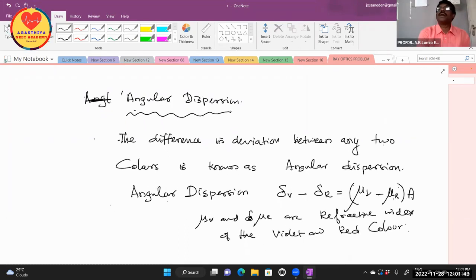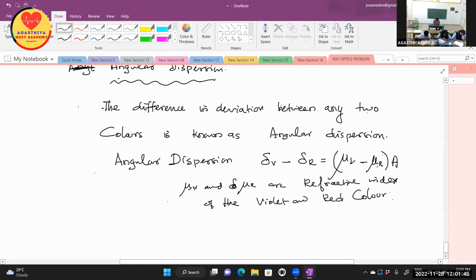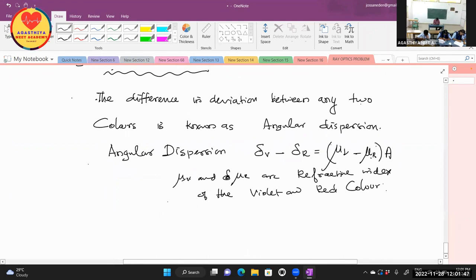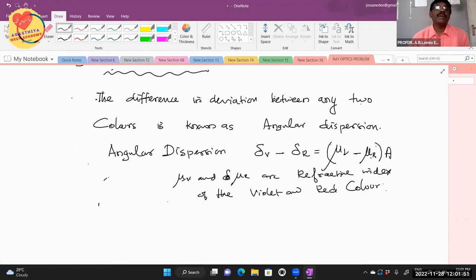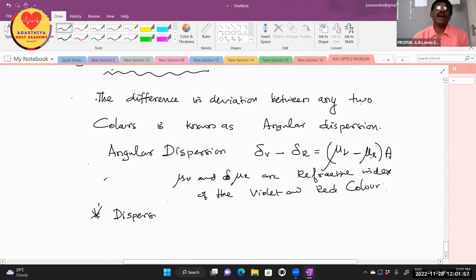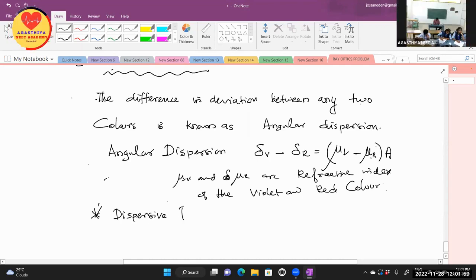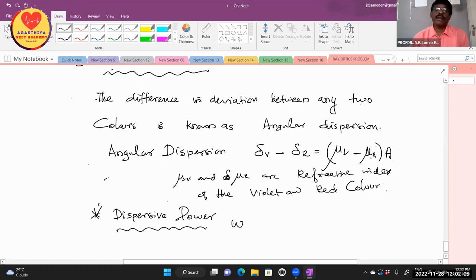Another important term, dispersive power. This is called angular dispersion. Next terminology, dispersive power. It is denoted by the letter omega.